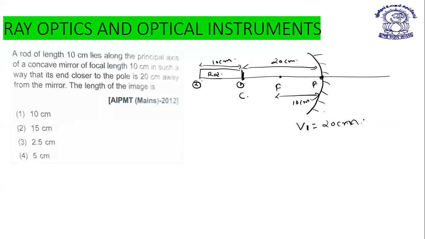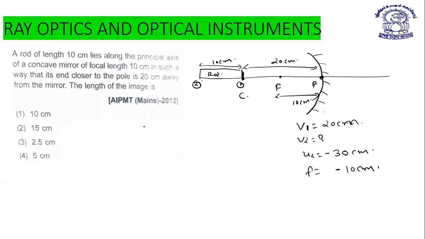Now we want to find V2. U2, the second end of the rod, is located at 20 plus 10, that is 30 centimeter, and it is an object distance, so it is negative. Focal length is 10 centimeter. For concave, focal length is negative, so F is equal to minus 10 centimeter.